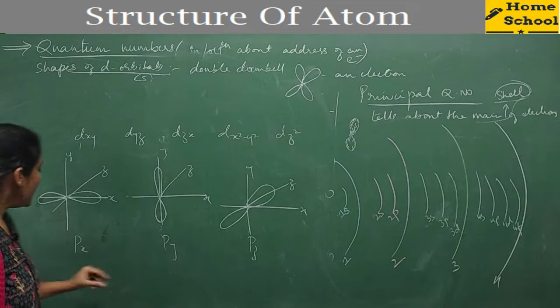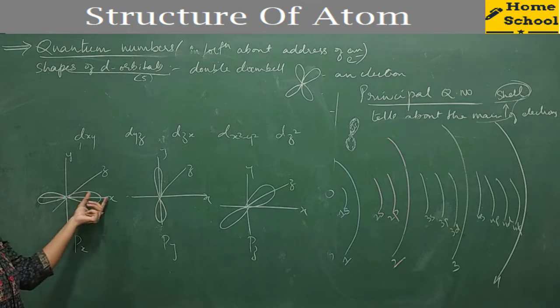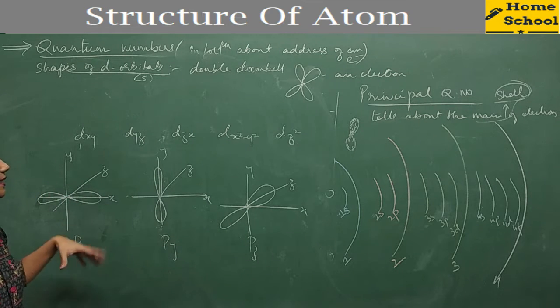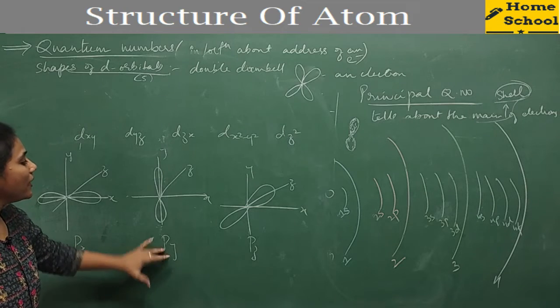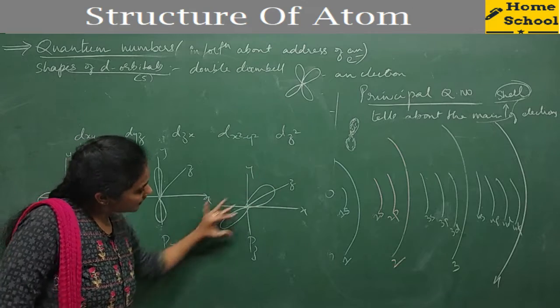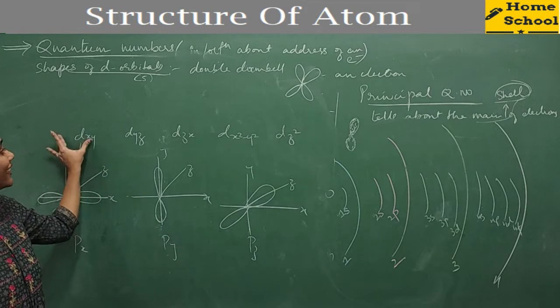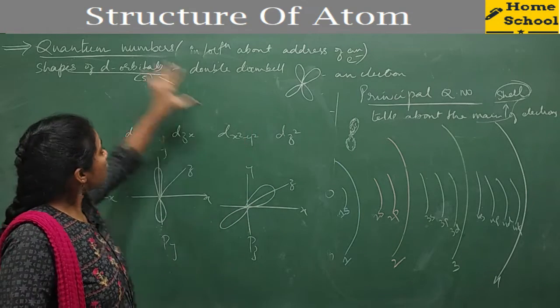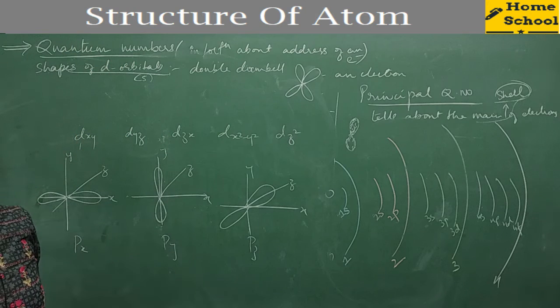We called it px because it is located on the x-axis, right? We called it py because it is in this direction. We called it pz because it is in this direction. So according to the direction, we have given the names for the 5 d orbitals, guys.